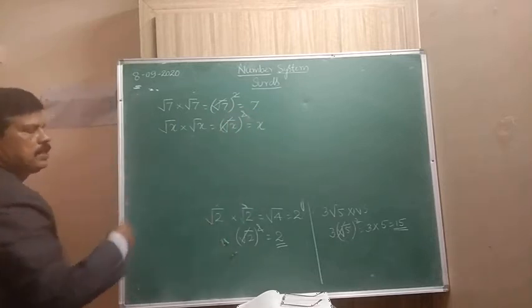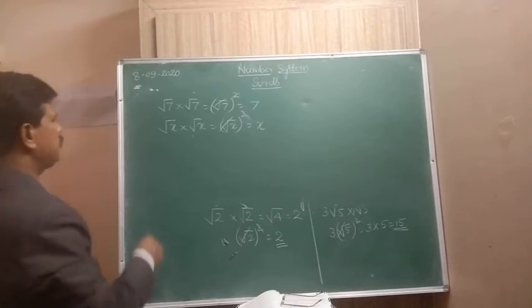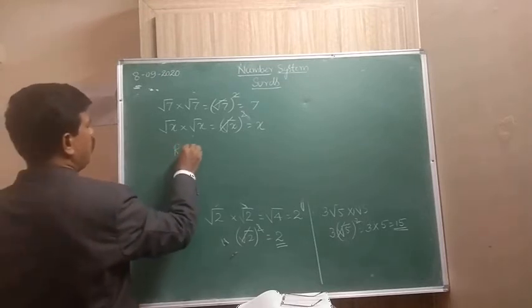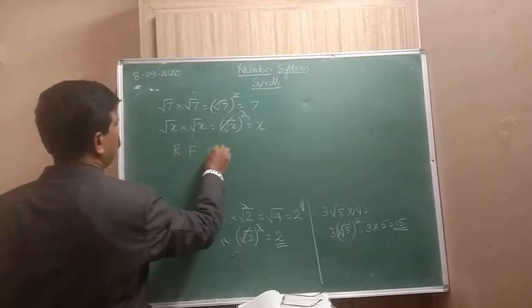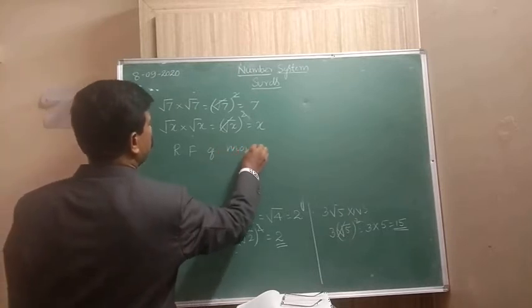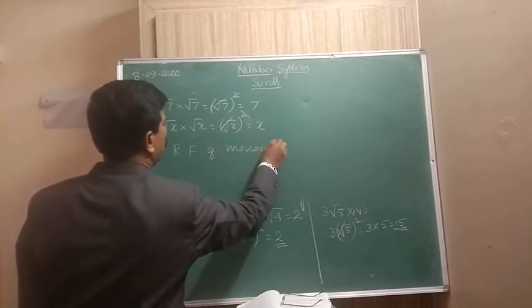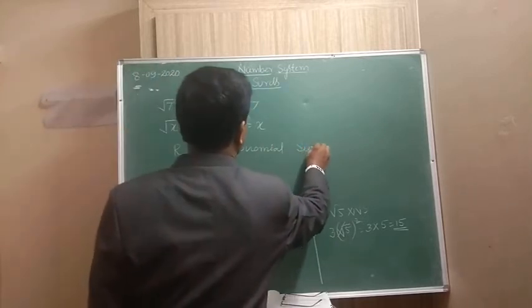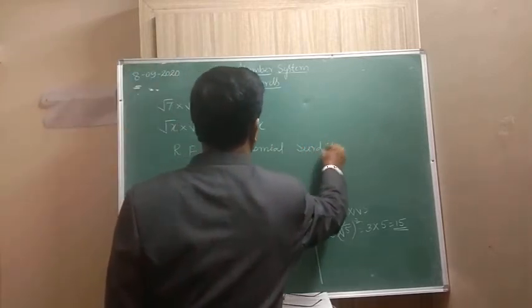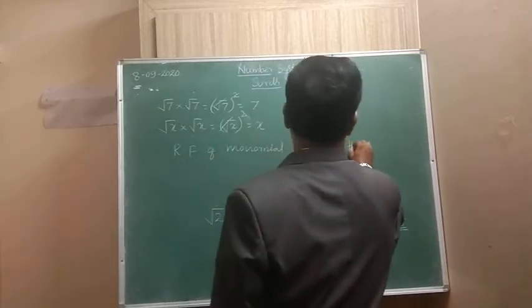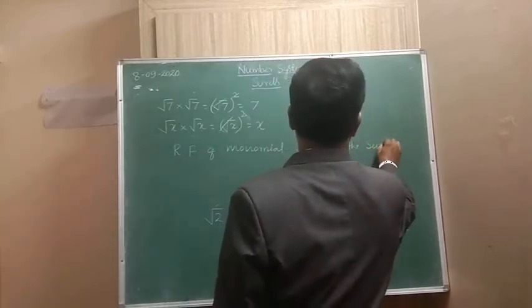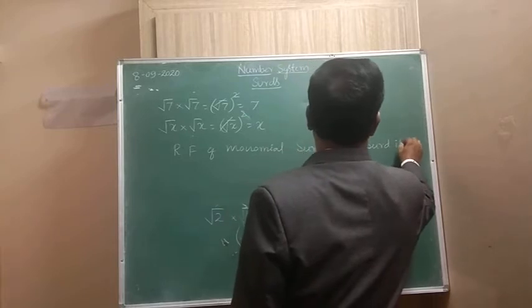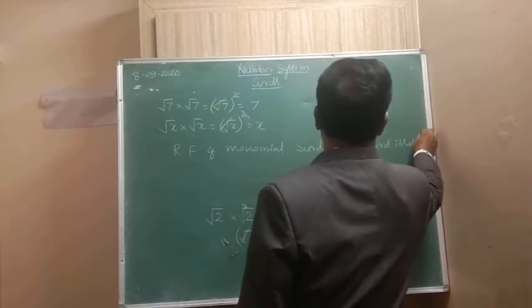So from this we can conclude that the RF of a monomial surd is the surd itself.